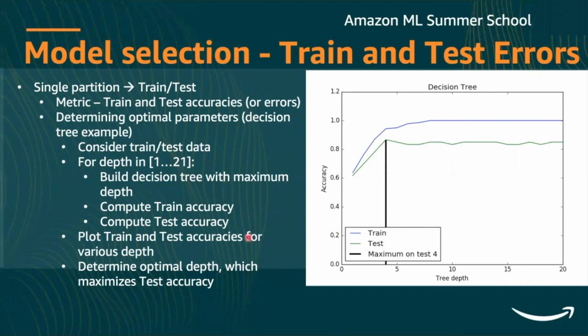You compute the train and test accuracy, so you'll get a plot something like this, for a single test-train partition. For depth 1, the accuracy is 0.6. For depth 4, it's 0.9, and so on and so forth. And after this, the accuracy does not change much. So ideally, you would select this model as your best model because the train and test curves follow similar trends, and the best accuracy on the test set you get here at 4.